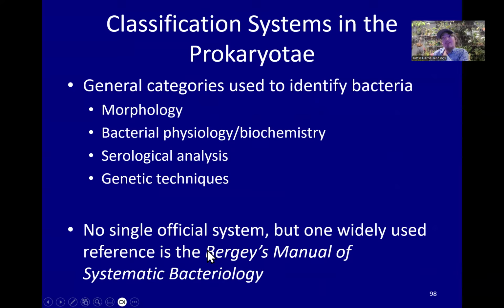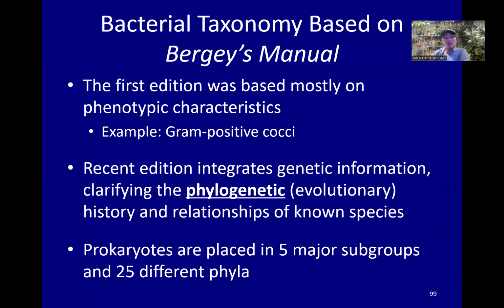It used to be that every microbiology lab would have a copy of this. Now it's digital, so you don't usually have solid copies, but it's a big book that separates bacteria by different characteristics into different phyla and genera, just like the classical classification system.